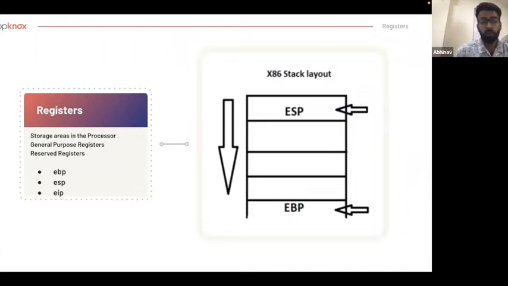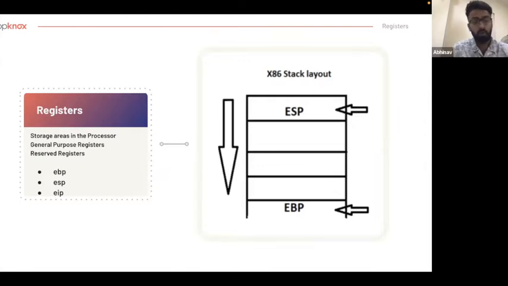For now, we are going to concentrate on the three reserved registers that you can see on the screen. The first one is EBP. What this stands for is base pointer. I will talk about the stack in more detail in the following slides.